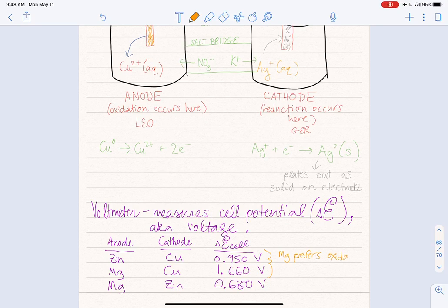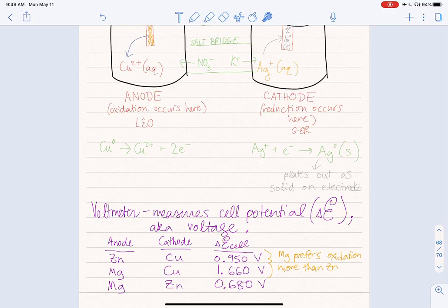So magnesium prefers oxidation more than zinc. That's a bit anthropomorphic, but it makes sense. So if you had to choose between magnesium and zinc, like in the last example, zinc is going to be the cathode because magnesium prefers oxidation, so it will become the anode. And you'll get a cell potential that's lower, but still, it's going to be a voltaic cell.